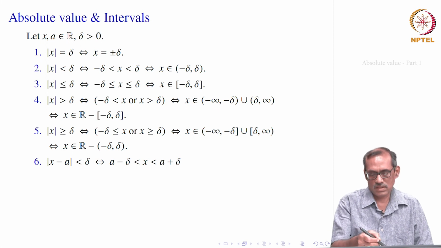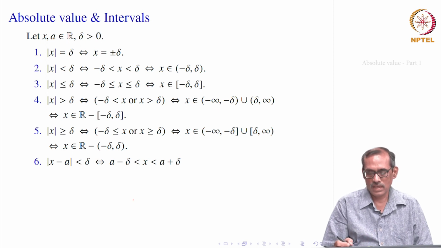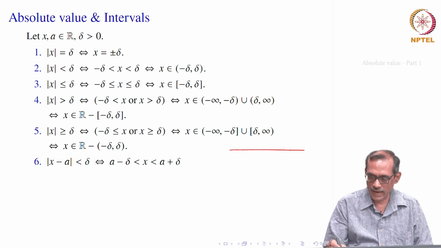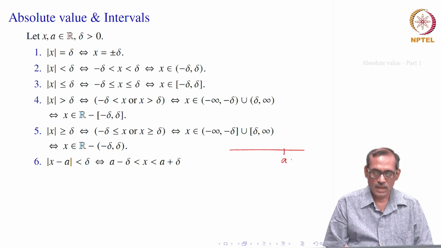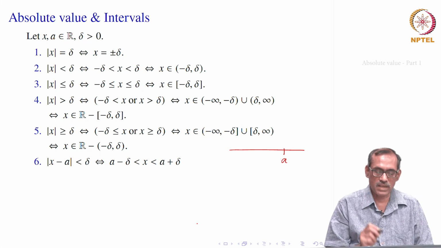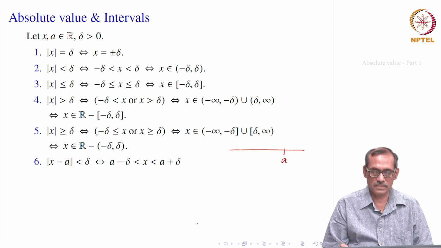So, now let us slightly shift our origin. Instead of considering from 0, let us consider from the point A, which is also a real number. So, we have somewhere A, and we are now thinking that the number mod x minus A will be less than delta. So, what does that mean?